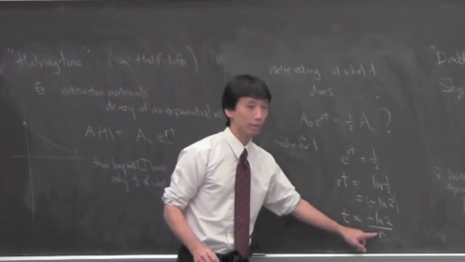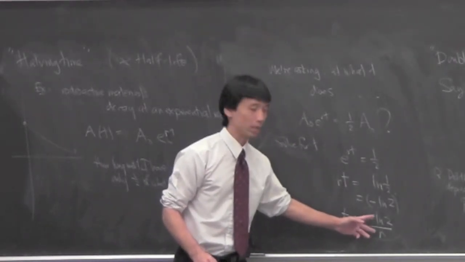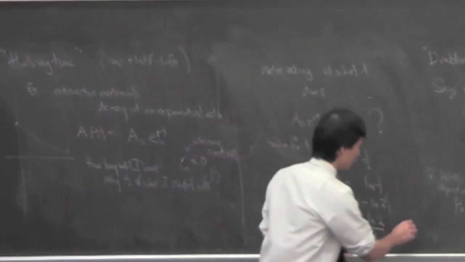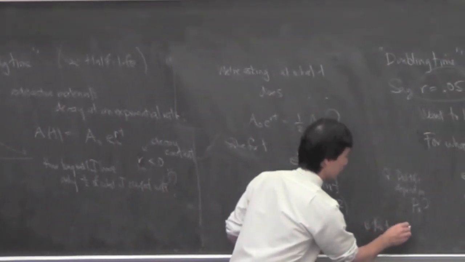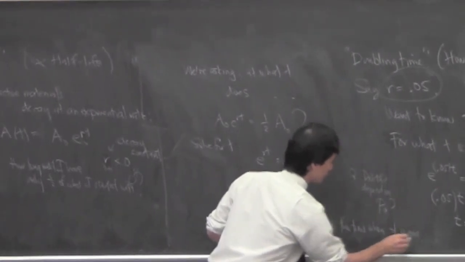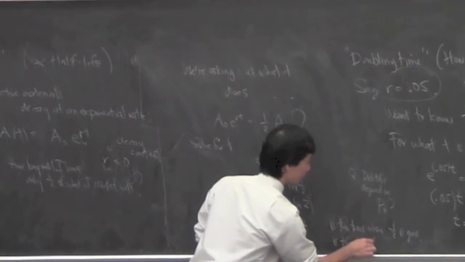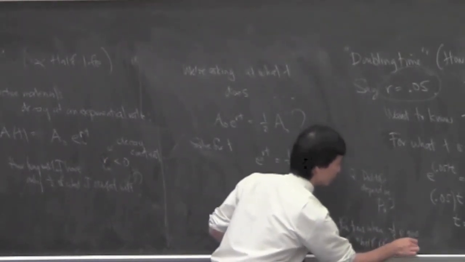Notice that R is a negative number, so this makes sense, that you get a positive number as your time. This is the time when half is gone. This is the so-called half-life of the material.